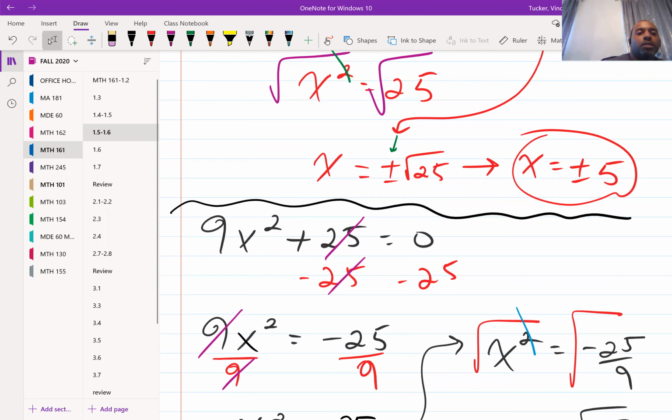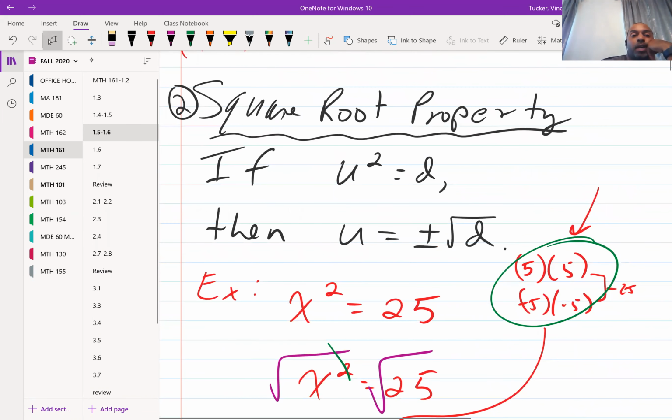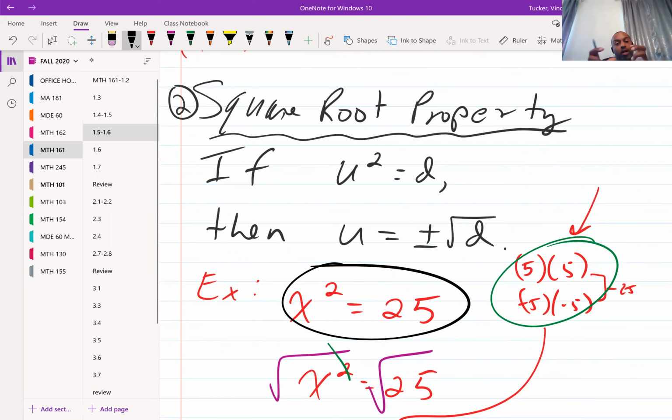Apologize for that. All right, so here we have 9x squared plus 25 equal to 0. Now, if we're trying to use the square root property in order to solve, what we want to do is have x squared, or whatever our quantity is, being squared on one side of our equation.